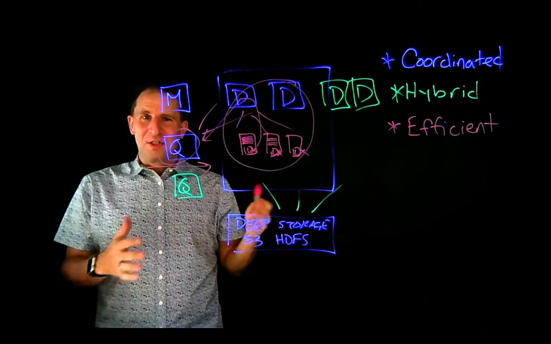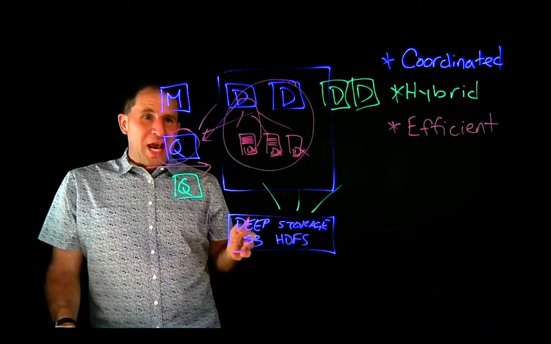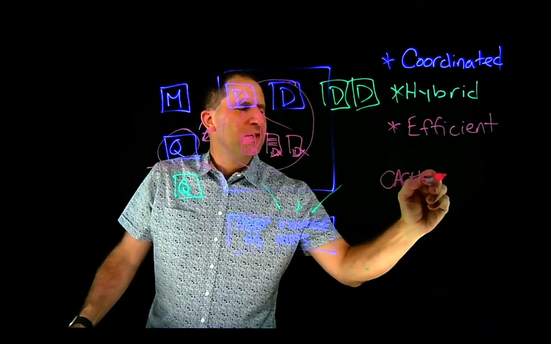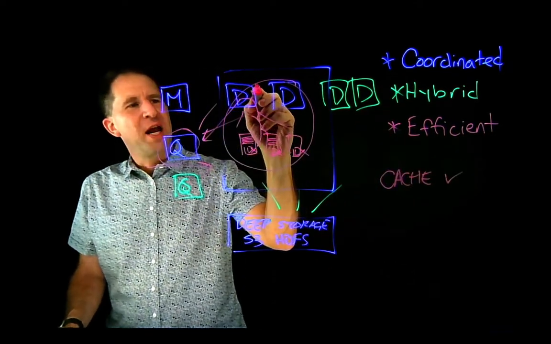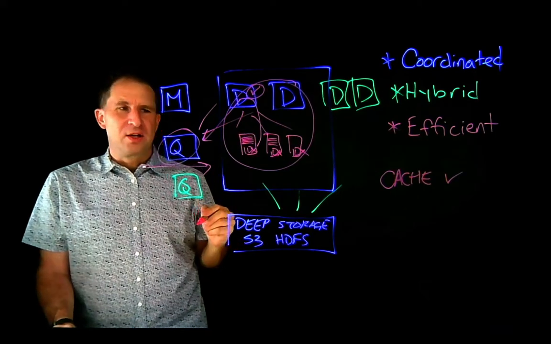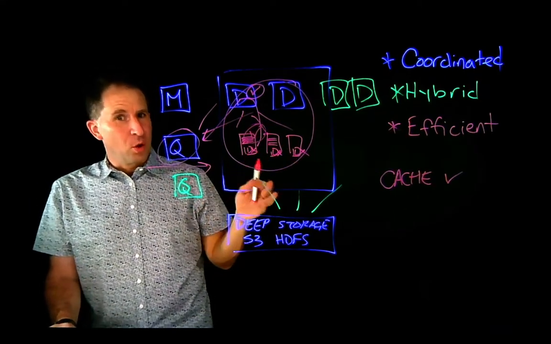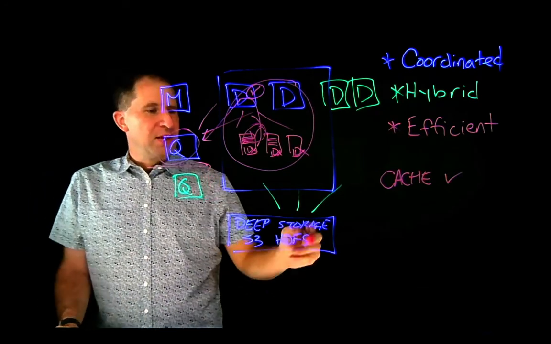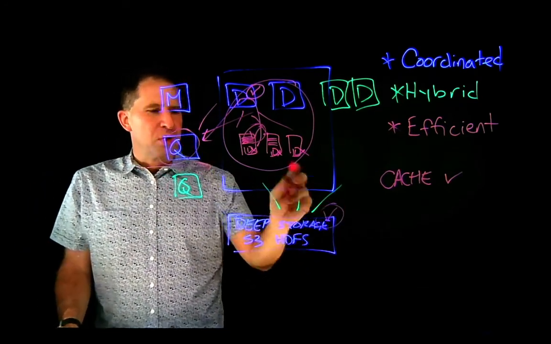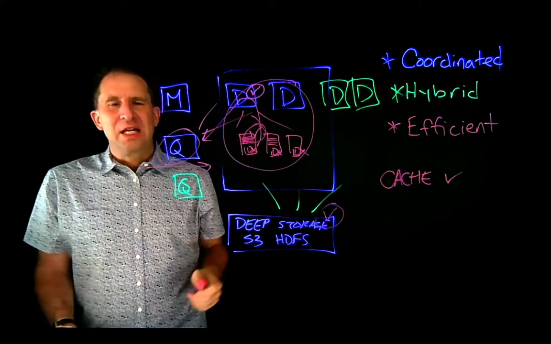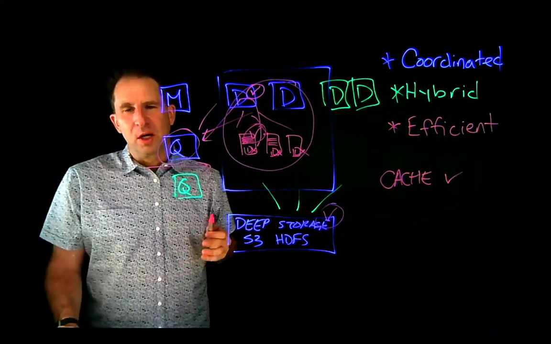So scatter, gather. Now, we do use caching. We can cache at a number of levels. So we can cache in the RAM of one of these data nodes. Of course, we can cache from here. The query can be cached from the local storage, which is most common. And then if we need to, of course, we can bring data back all the way from the deep storage layer. So we have caching at each of these three layers when you do a query.